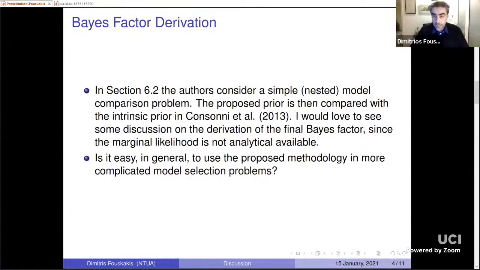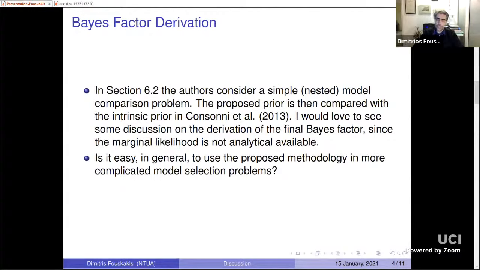So let me start. I know that I don't have a lot of time, so some comments. The first comment has to do with how easy it is to apply the proposed methodology in more complicated model selection problems, and since the marginal likelihood is not analytically available, how easy eventually it is to derive the final Bayes factor.